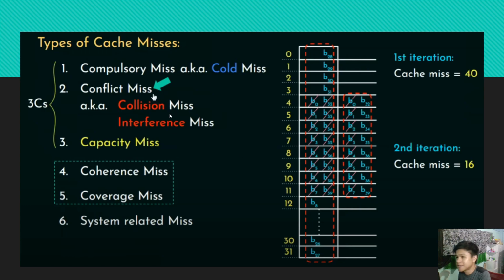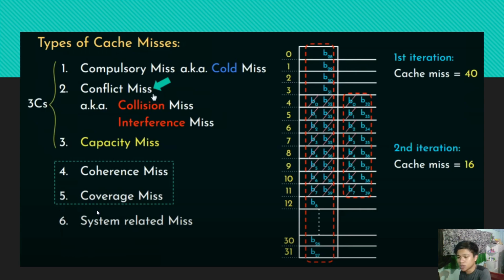So we have here the types of cache misses. Number 1, the compulsory miss, aka the cold miss, and then we also have the conflict miss, which has 2 types: the collision miss and then the interference miss. Okay, and then we have the capacity miss, and so on and so forth.